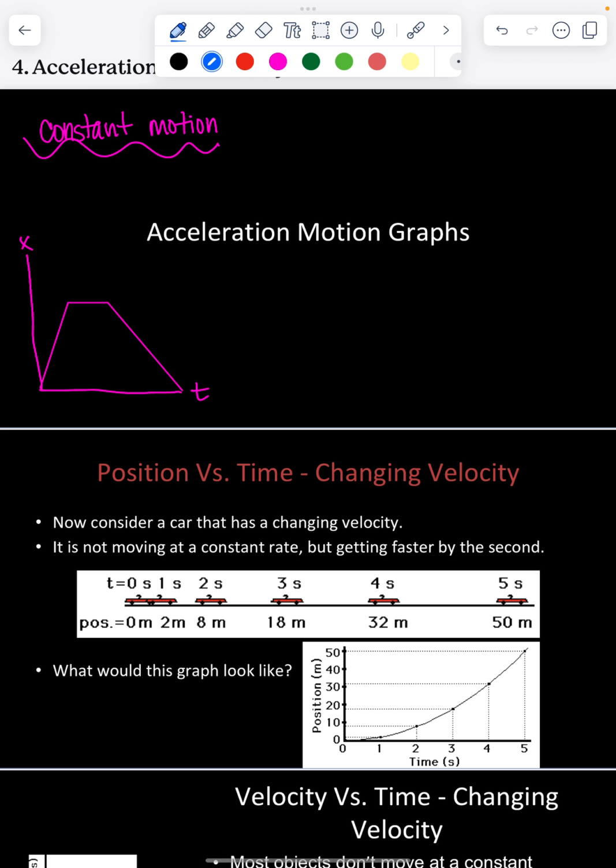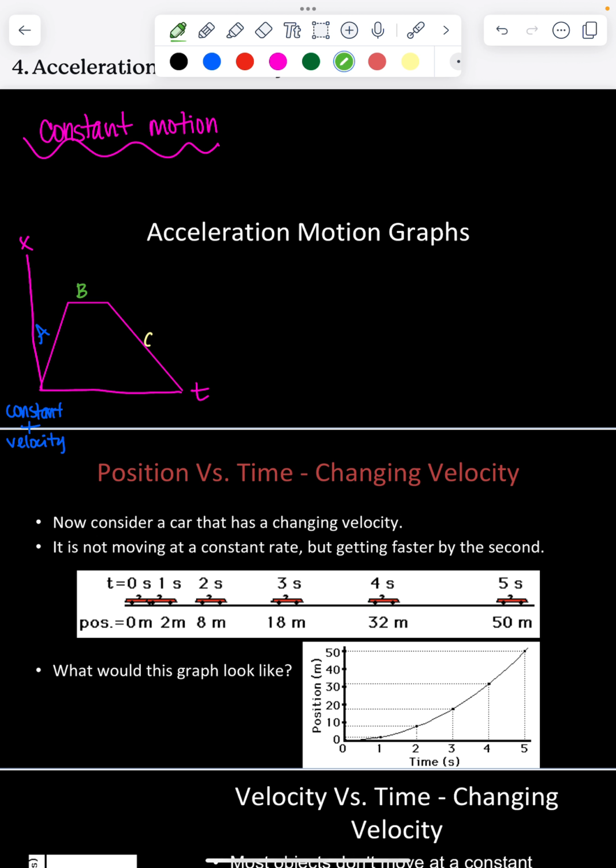All right, so we'll call this one segment A, this one segment B, and then this one segment C. All right, so in segment A, you see that we have a straight diagonal line going in the positive direction. So that straight diagonal line in the positive direction means that we have a constant positive velocity.